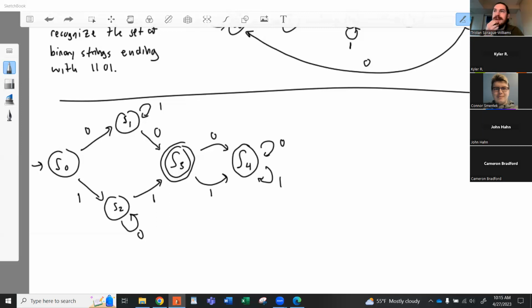Accept meaning it ends in state 3 in this case. Philip's given us a few things. 0, 0, and 1, 1 would be 2 examples of strings that it would definitely accept. But that doesn't cover everything.